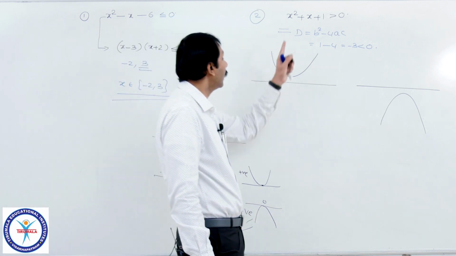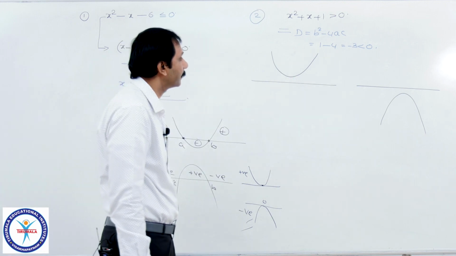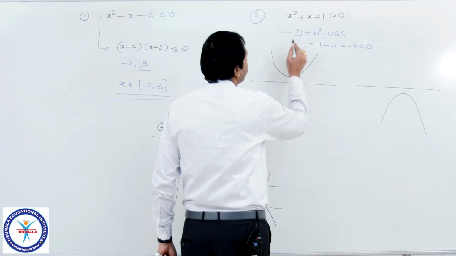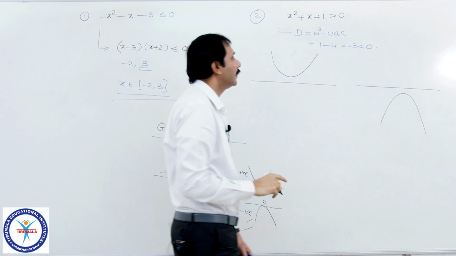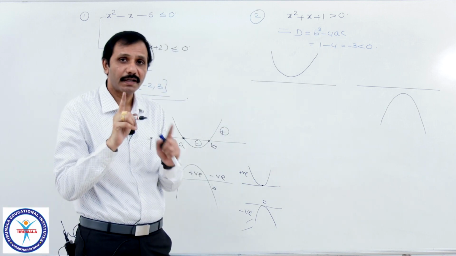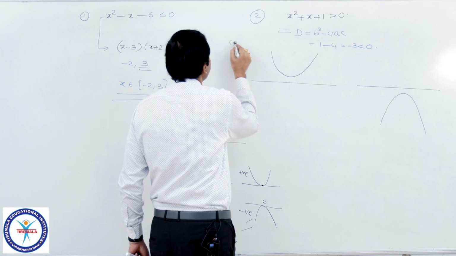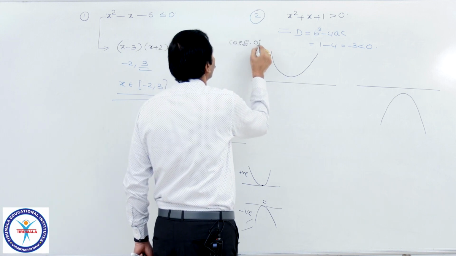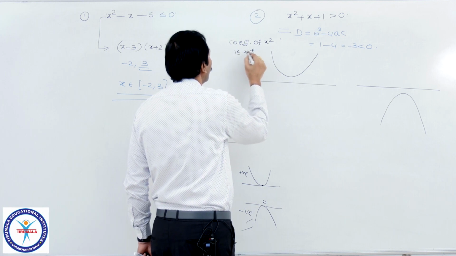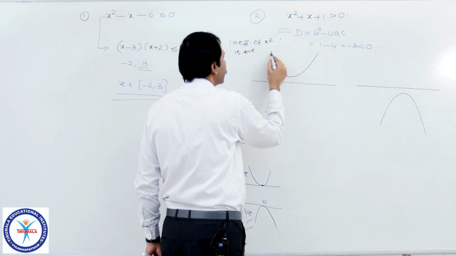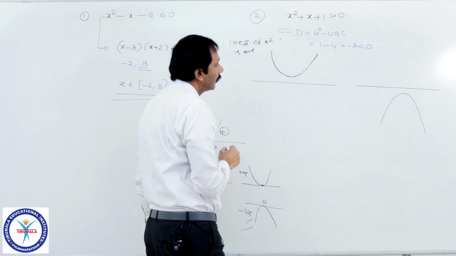And now we are looking at this case. Once you observe the discriminant is negative, just see the coefficient of x square. The coefficient of x square is positive, which means it opens upwards and this is completely positive only because it is above the x-axis.